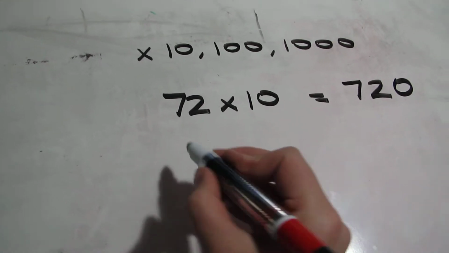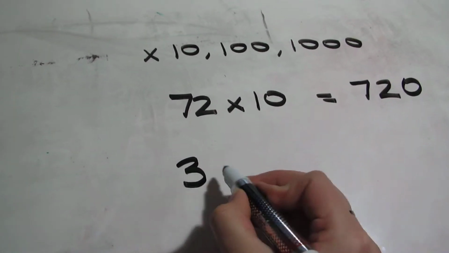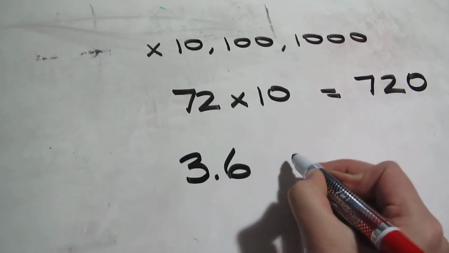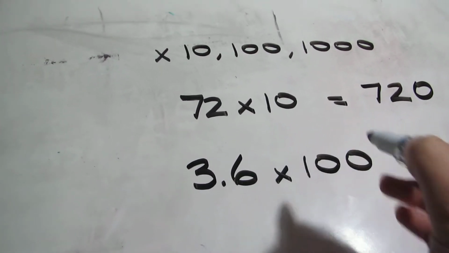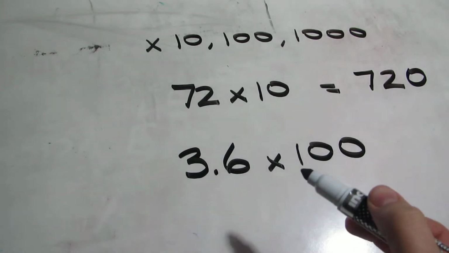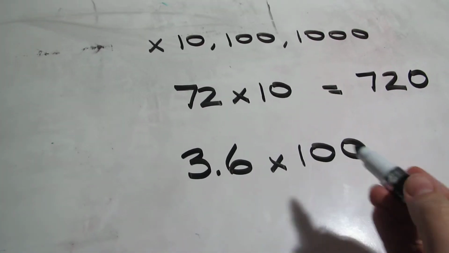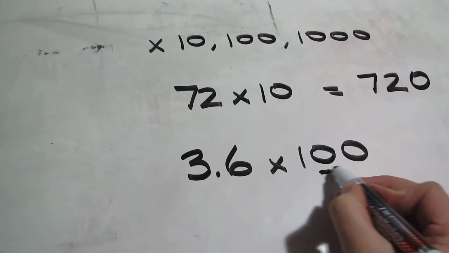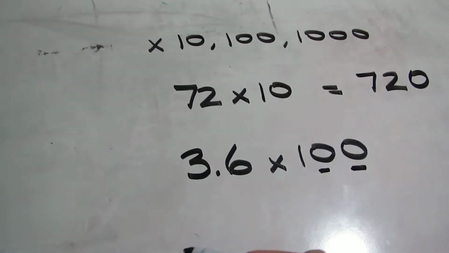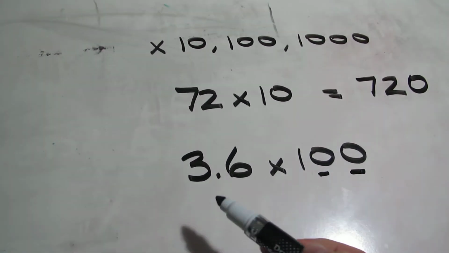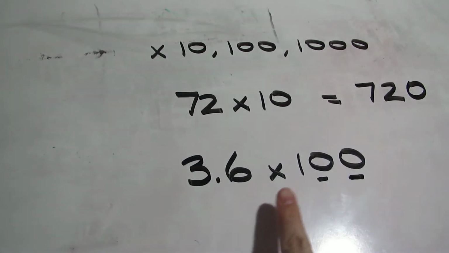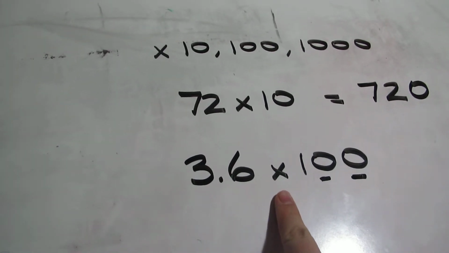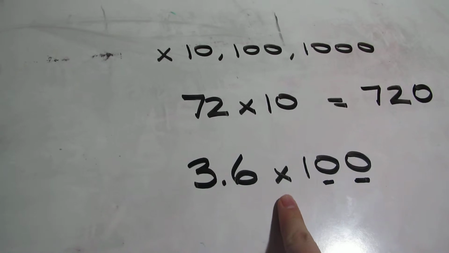Our next example is 3.6 times 100. Okay, so in this case, the idea is the same. We're still looking at how many zeros we have, and then we have to figure out where we're moving the decimal to. So remember, it is multiplication, so the number is getting bigger.